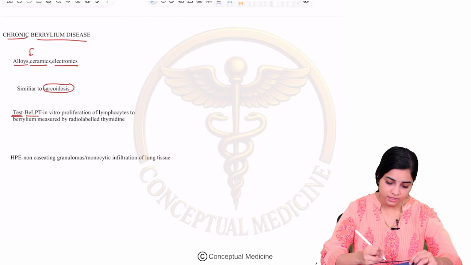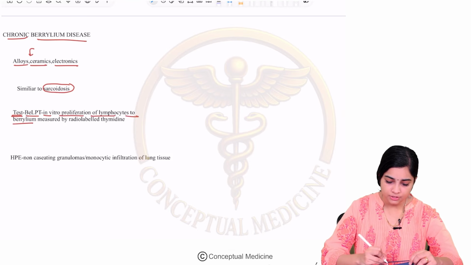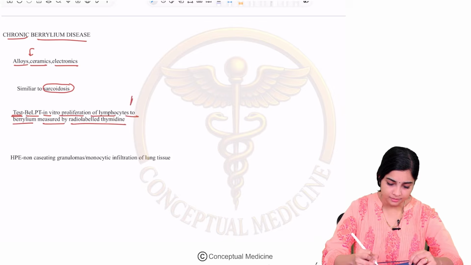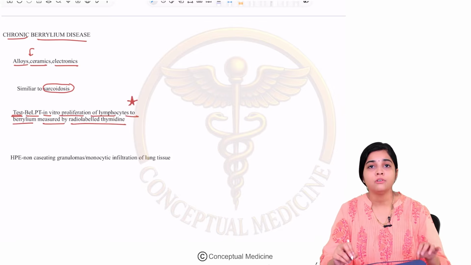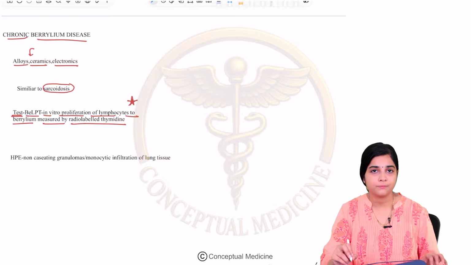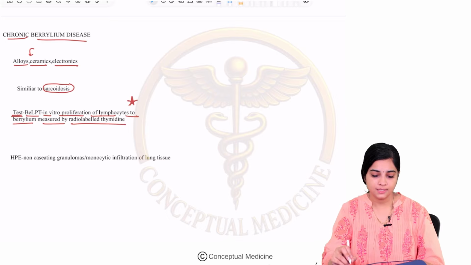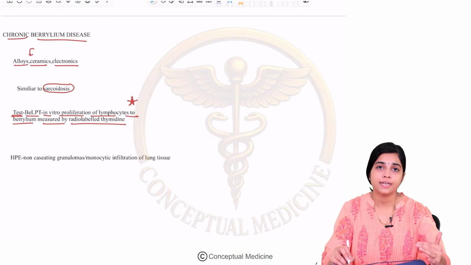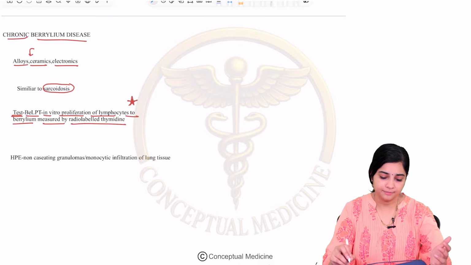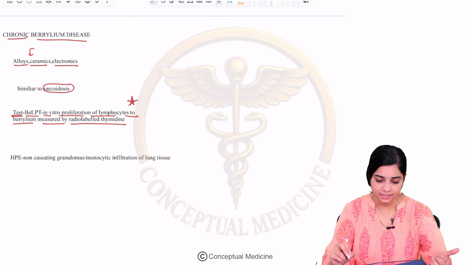Here you can demonstrate in vitro proliferation of lymphocytes to beryllium, which is measured by radiolabeled thymidine. This is a very, very important point. So how do you differentiate sarcoidosis from beryllium associated disease? You do the beryllium lymphocyte proliferation test, BeLPT, where there is in vitro proliferation of lymphocytes to beryllium, measured by radiolabeled thymidine.